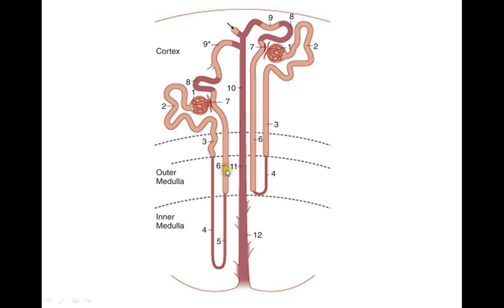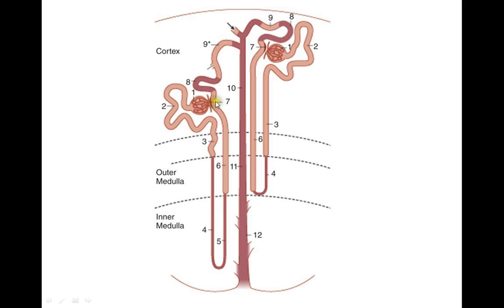Number 6 is thick ascending limb. As you can see, it is thicker than this part. So this part is thin ascending and this part is thick ascending limb, which you can see in both types of nephrons.